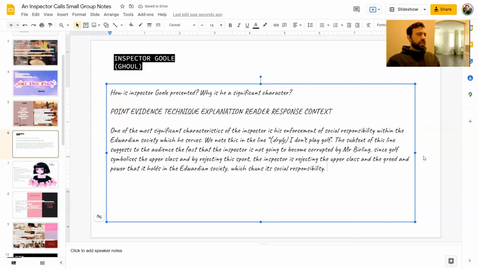The next quote, it's always good to try and use two quotes if you can, or if not, break down two parts from a quote. In this case, I'm going to do two different quotes.